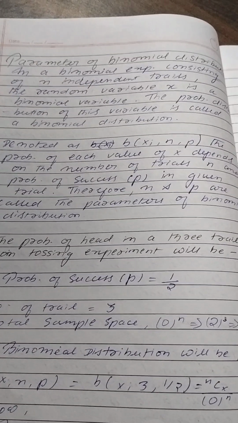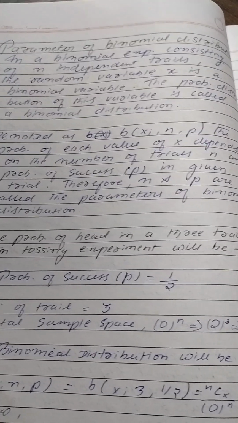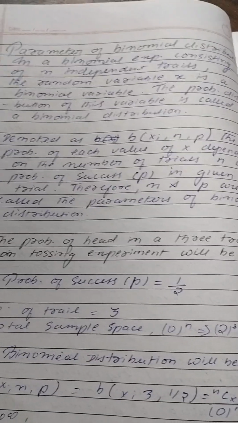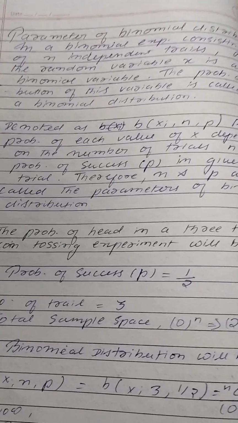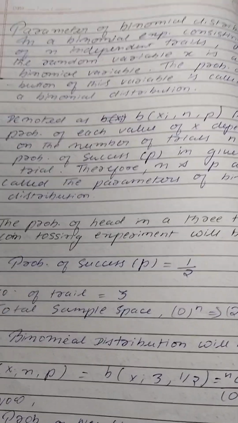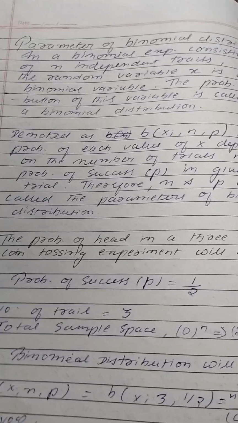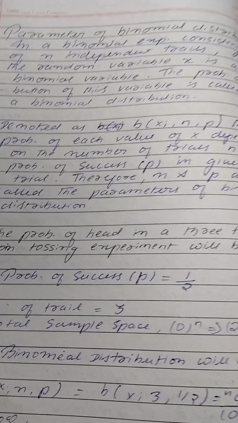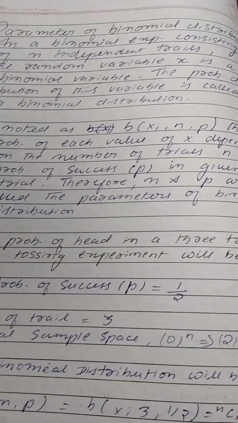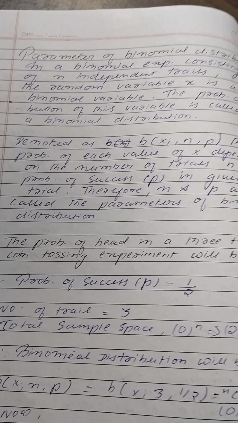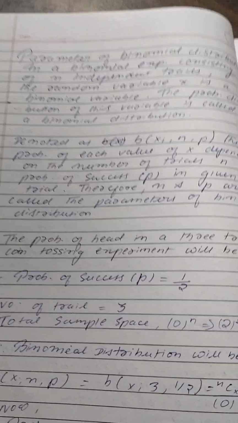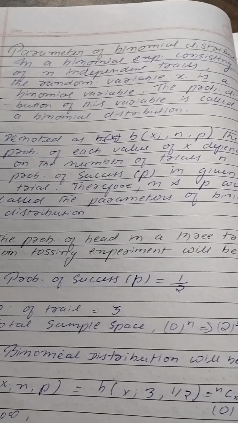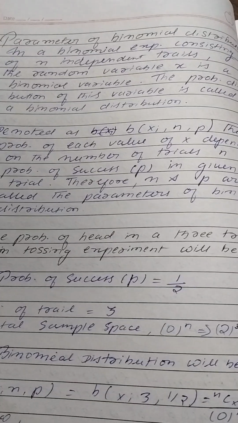The random variable x is a binomial variable. We say it as a binomial variable, not just a random variable. If we are calculating the binomial experiment, it is called the binomial variable, and the probability distribution of this variable is called the binomial distribution.